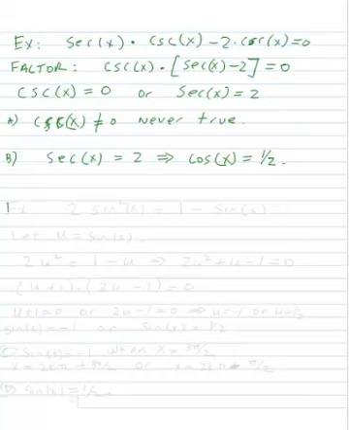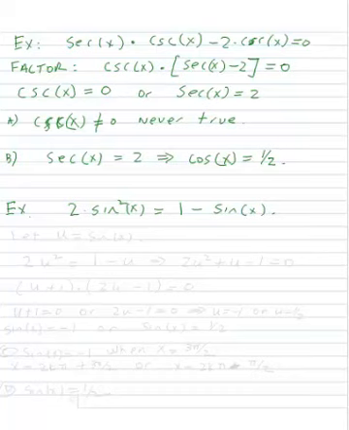So let's look at a second example. We have 2 sine squared x is equal to 1 minus the sine of x. So here we have a quadratic in the variable sine, right?